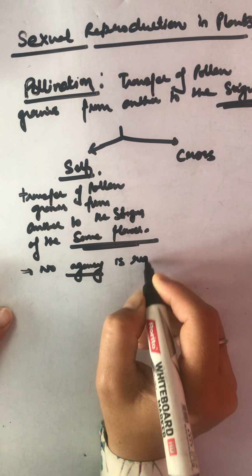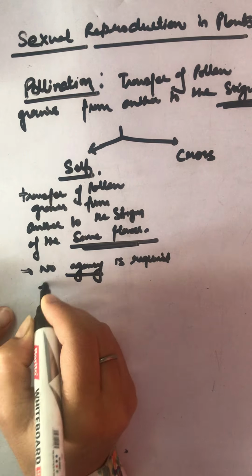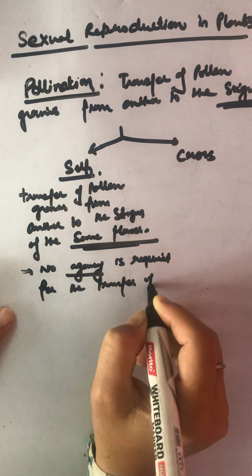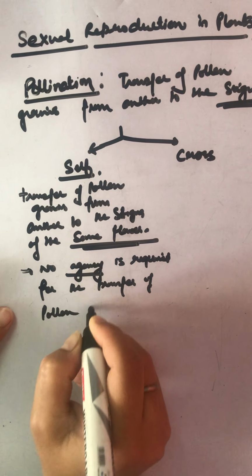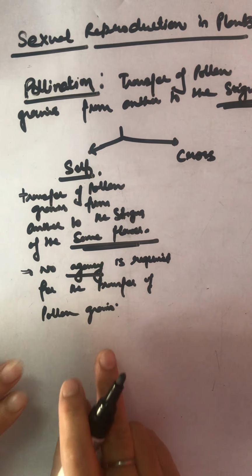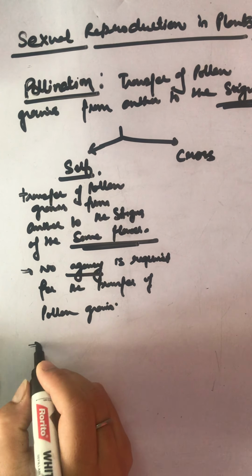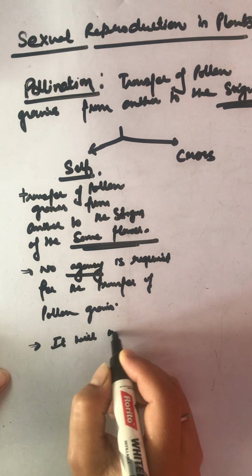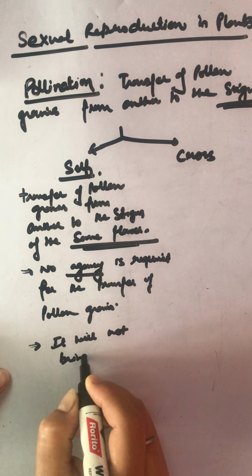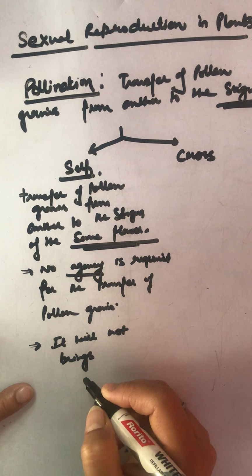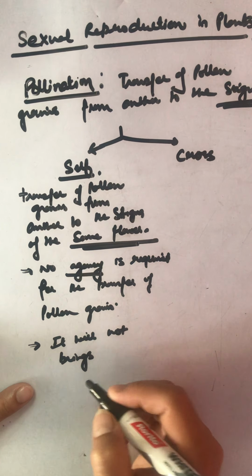No agency is required for the transfer of pollen grains. Then another important feature is it will not bring variations, because it is happening sometimes in the same flower. Then how will it bring variations?